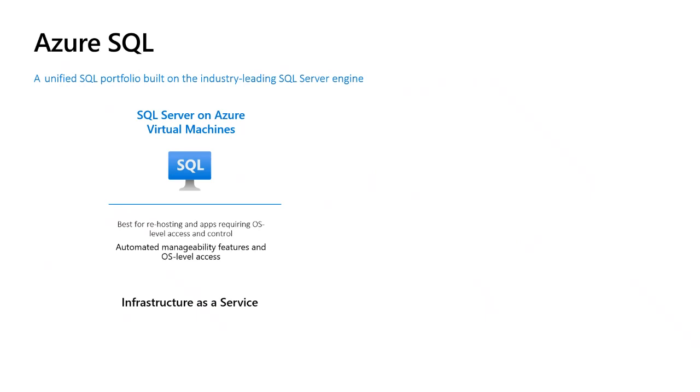You have to provision a virtual machine with an operating system, take care of applying the patches, set up the clustering if you have to do high availability and disaster recovery, take the backups, etc. This is the option: SQL Server running on virtual machines, which is a great approach that Microsoft is giving us, because through the Azure portal, we can easily select which SQL Server version and edition we would like to use, and also configure the overall infrastructure, like the disk, the memory, number of virtual cores, etc. And in a matter of a few minutes, we are up and running on these virtual machines.